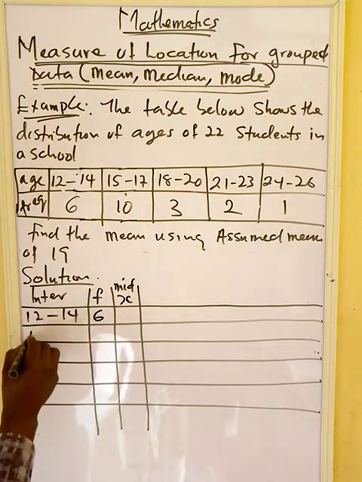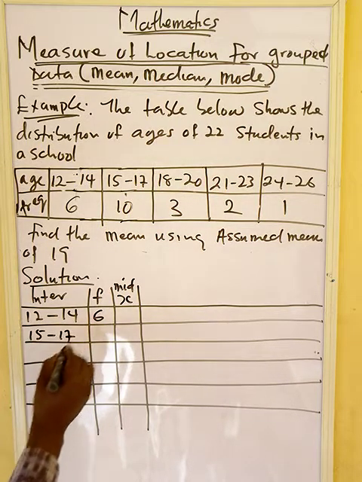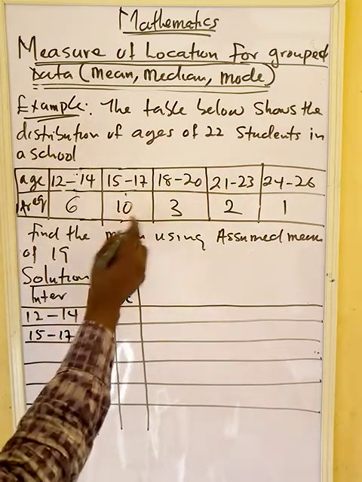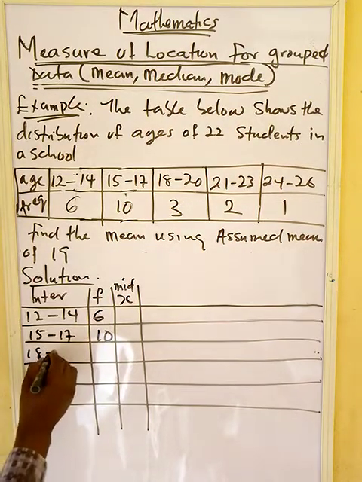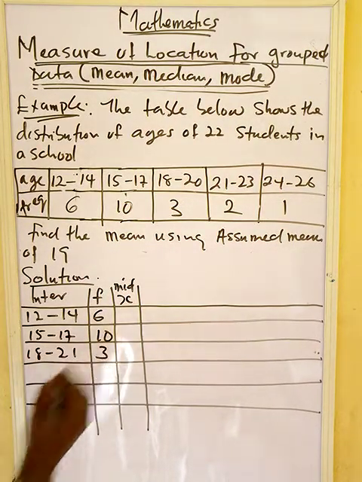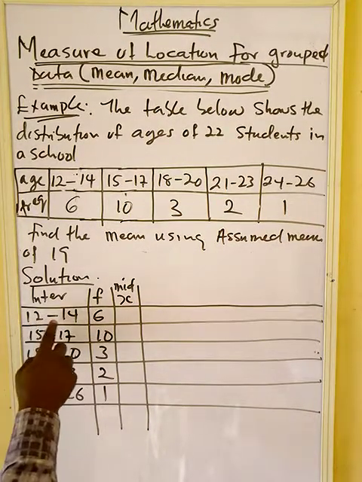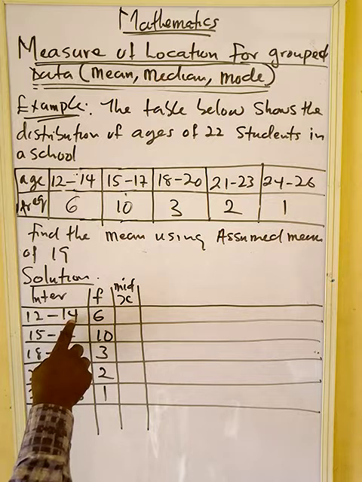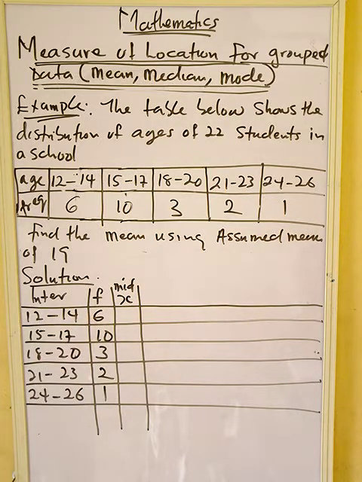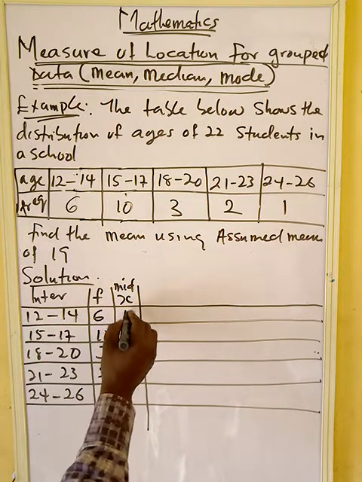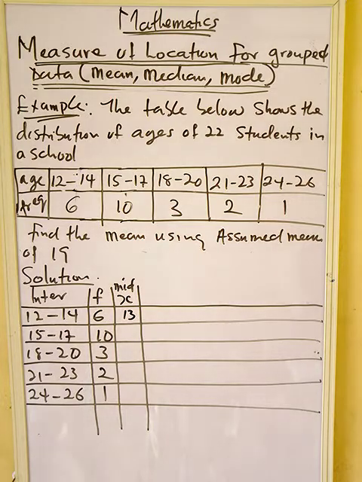Then 15 to 17 is 10, 18 to 20 is 3. To get our midpoint, 12 plus 14 gives us 26, divided by 2 gives us 13. The next one is 15 plus 17, 32, divided by 2 gives us 16.